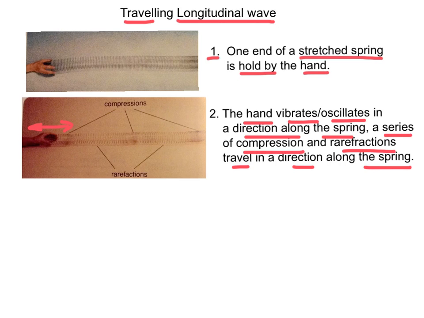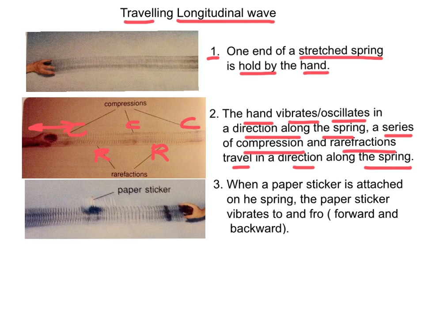We denote the compression by C and the rarefactions by R. Next, when a paper sticker is attached on the spring, the paper stickers will be observed to vibrate to and fro, or we say it will vibrate forward and backward.